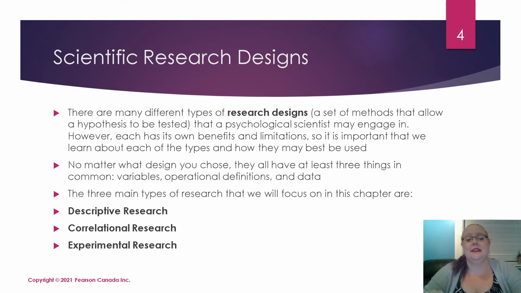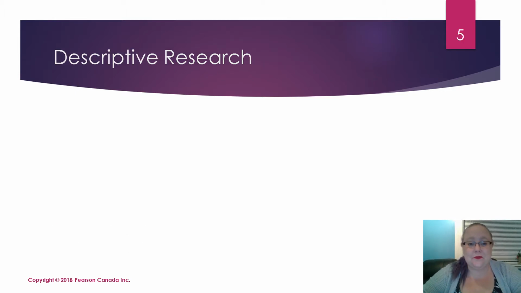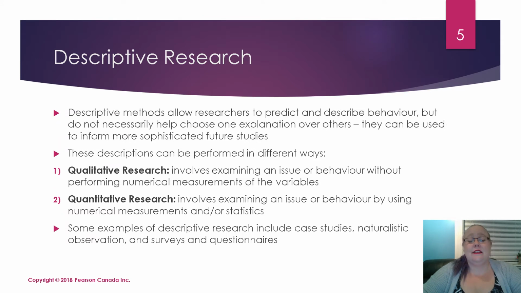So the three main types of research we're going to focus on are descriptive research, correlational research, and experimental research. Descriptive methods allow researchers to predict and describe behavior, but they do not necessarily help choose one explanation over others. This is something that's very important to keep in mind.